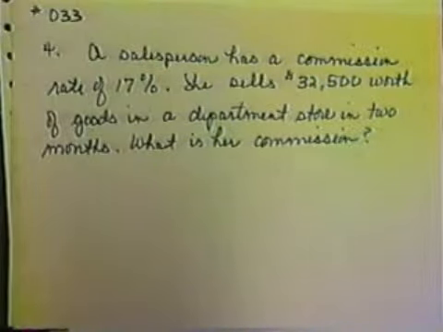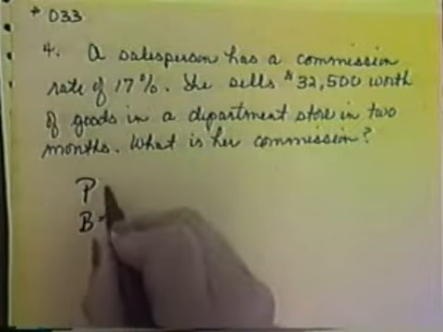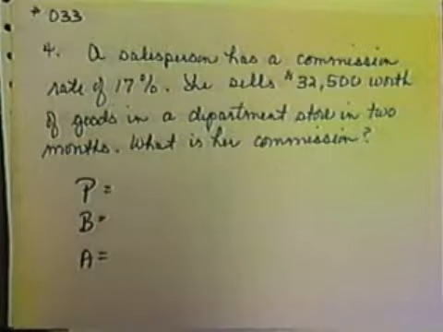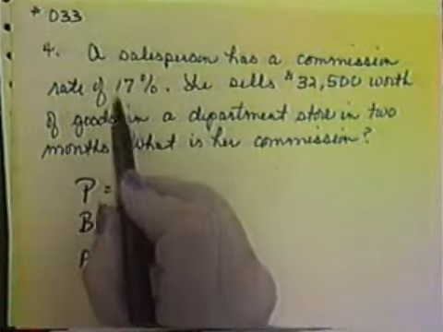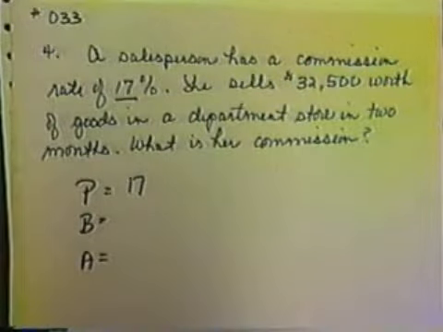So again, we're going to identify the percent, the base, and the amount. The percent, again fairly obvious, must be 17. The base is what we've got to decide. What is the commission based on?